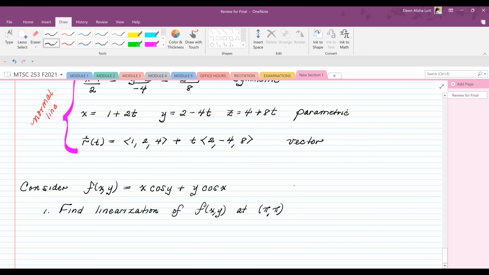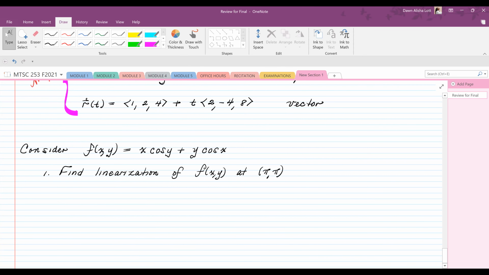Okay, so the linearization is very much like the tangent plane. The linearization is a function L of x, y.